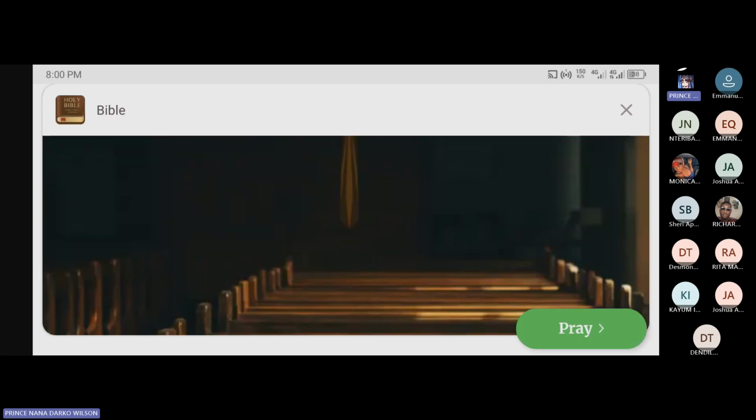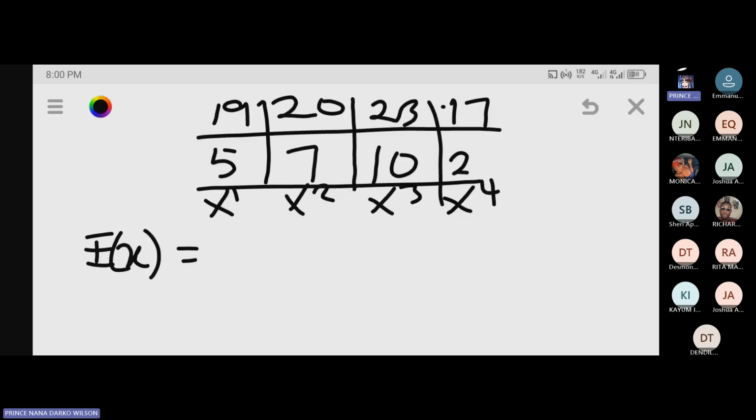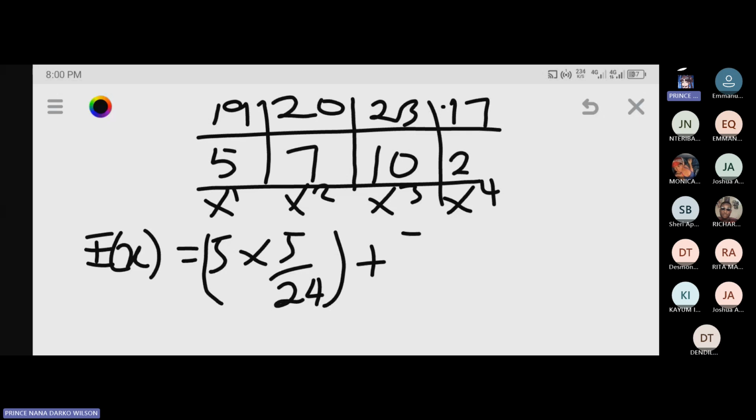So then the expected value of that is also going to be 5 times the 5 over the given 24. That's the expected value for the first X1. And then we sum that up with the expected value of the next one occurring. That's going to be 7 times 7 over 24. You do all this all the way to the end, actually. So then for the next one, the probability of that occurring also is going to be, we are using the wrong values.